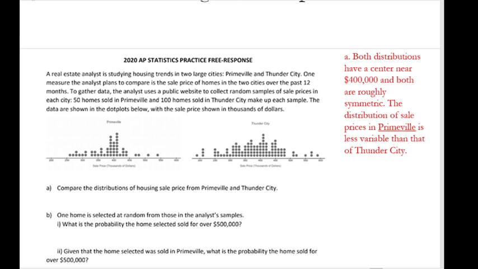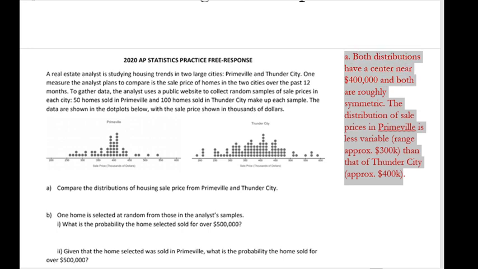So the range in Primeville is approximately $300,000. And in Thunder City, that range goes from 200,000 to 600,000, so that would be approximately $400,000. So there we've got shape, center, and spread for that one.